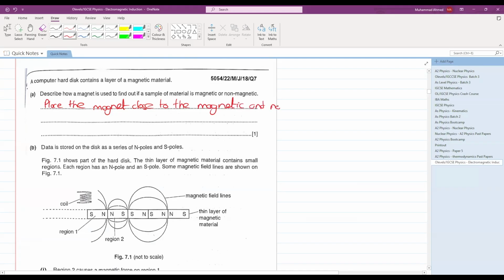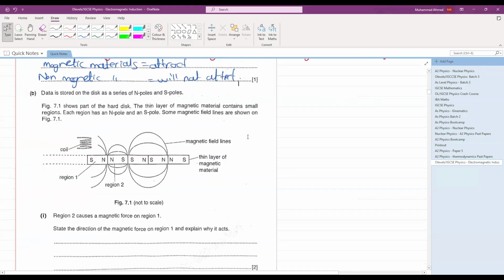What will happen? Magnetic materials will attract the magnet. And non magnetic materials will not attract. Simple. Let's further move ahead.